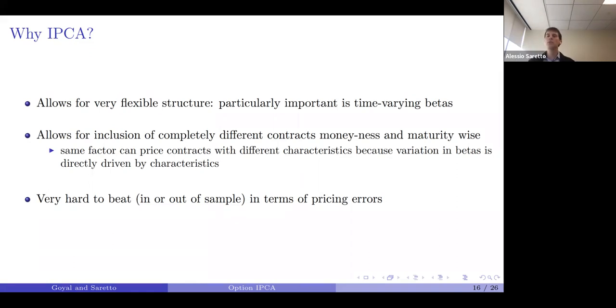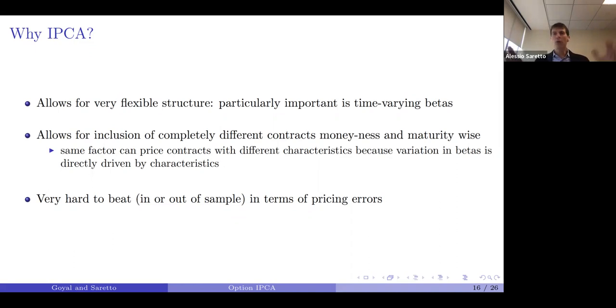So in other words, if you are building static portfolios, you're going to have to do one set of static portfolios for every class of option contract, every moneyness and maturity combination that you're interested in. So you're going to have one model for at the money delta hedged calls, one model for at the money straddles, one model for at the money straddles with long maturities.